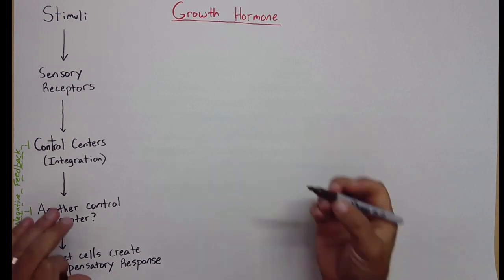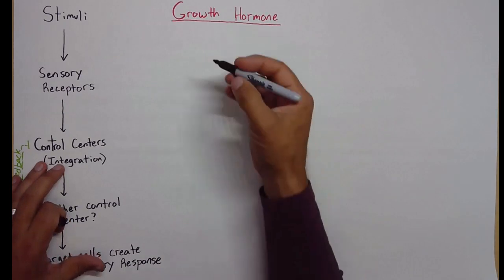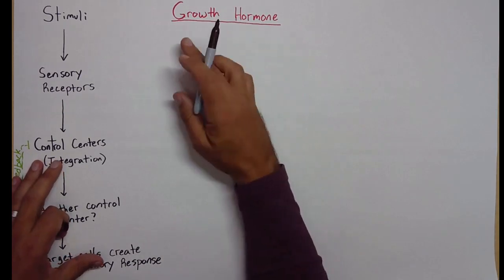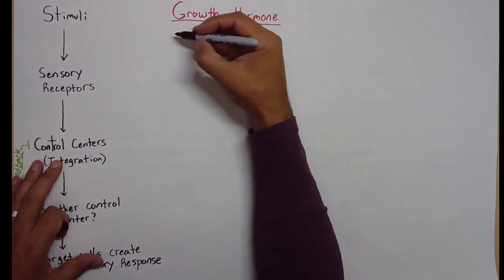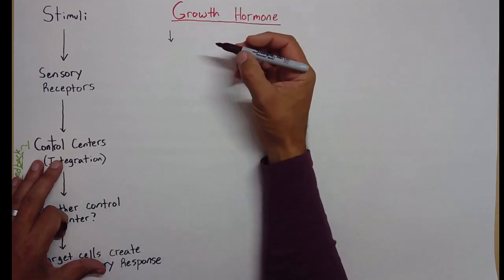Well, what if we walk through and start writing down the stimuli for growth hormone release? One of the more powerful stimuli for growth hormone release is a decrease in blood glucose levels.